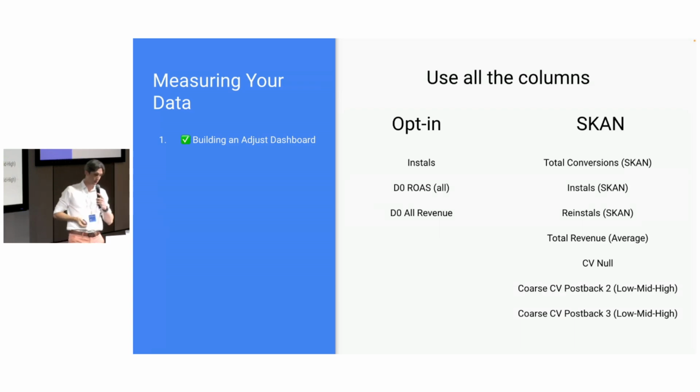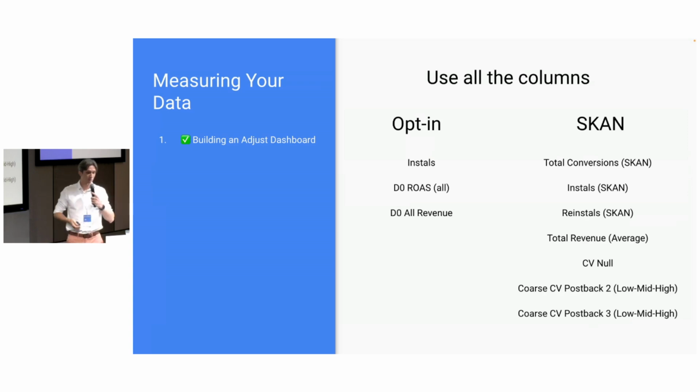And lastly, if you want to check what happens to the user after 24 hours, you can rely on second and third postbacks, which became available in SKAN 4. All of the mentioned above allows us to spot data markers and improve the precision of data analysis.